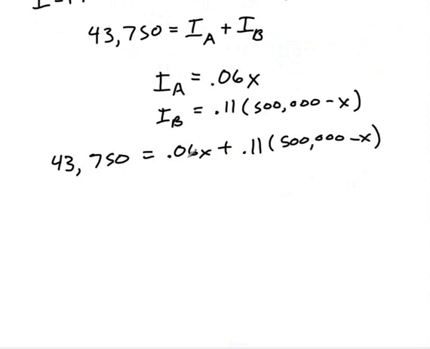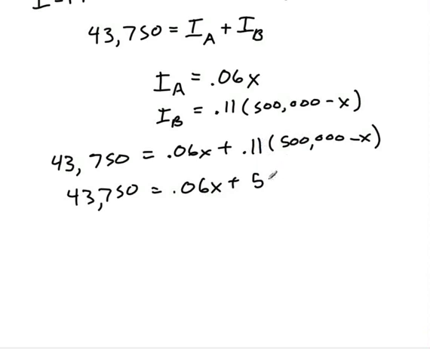Now, I need to reduce all this. So 43,750 equals 0.06x plus... Now, 0.11 is actually pretty easy to multiply, because what we can do is 10% and then 1%. So 10% of 500,000 is 50,000, and we're going to add another 1%, which is 5,000.